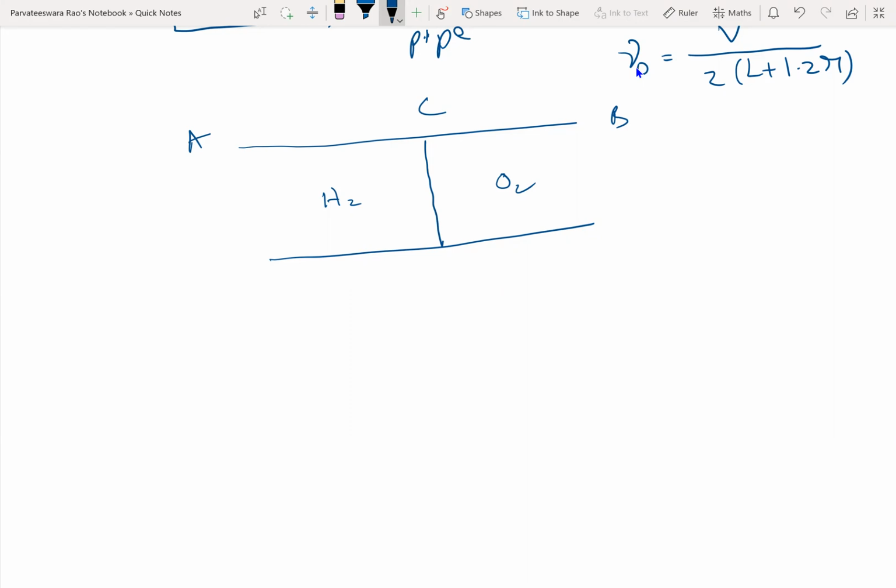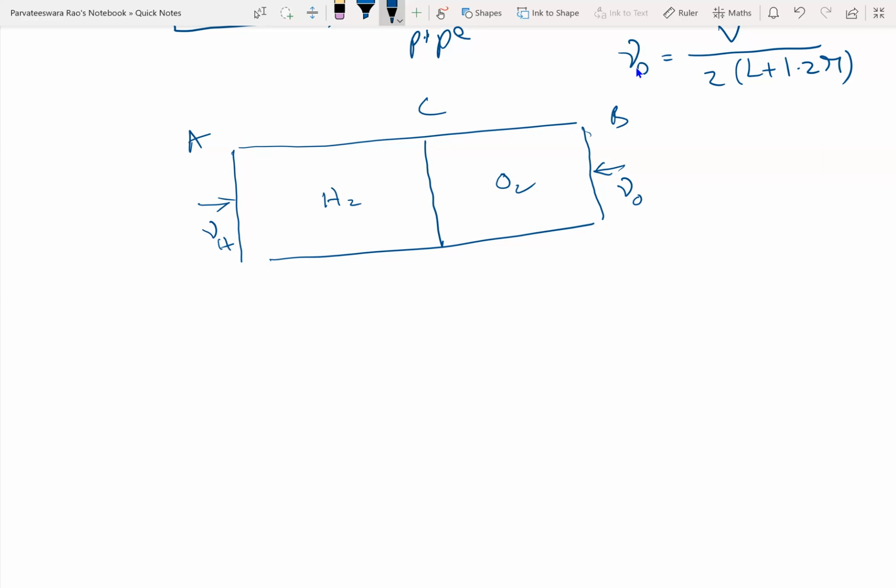The diaphragms A and B are set into vibrations of the same frequency.